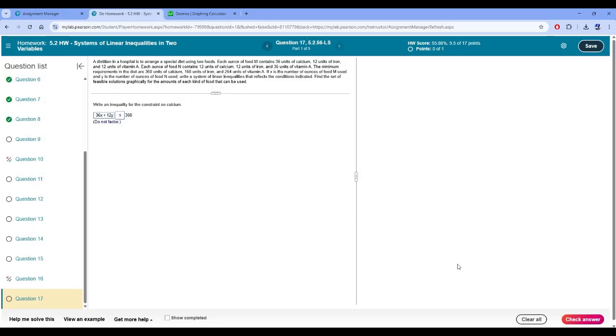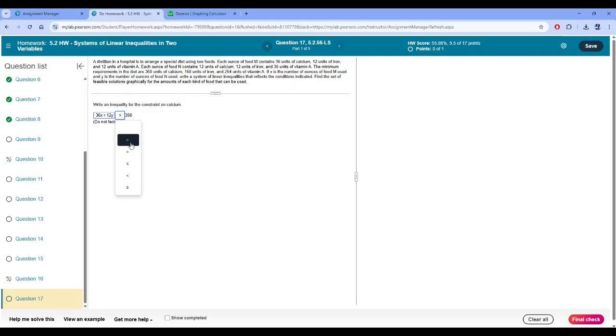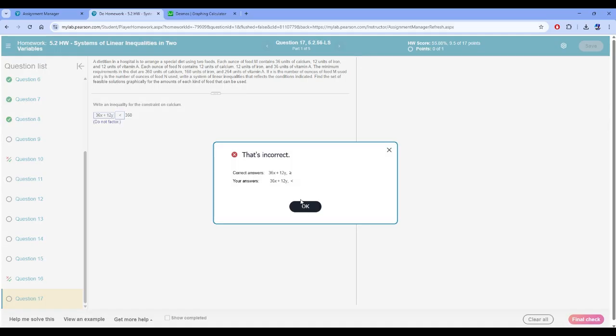Check answer. Oh, less than or equal to? Greater than or equal to? Is that the number I need at least? Oh, the minimum requirements. I didn't read that, so I got it.